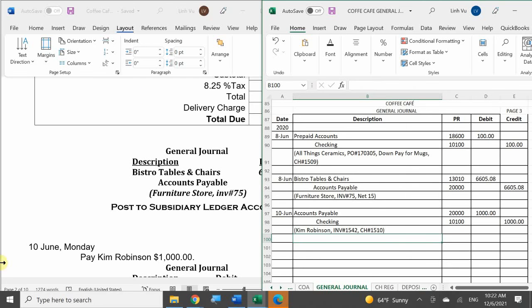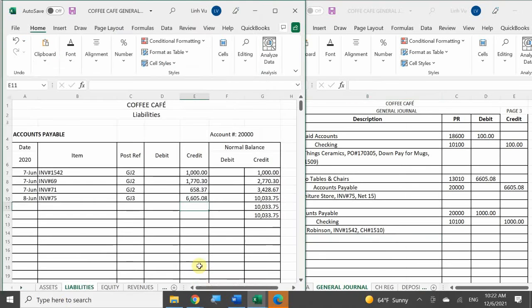So now that that is complete, now we need to update our ledger accounts because we have affected our accounts payable. In this case, we paid off something that we owe.